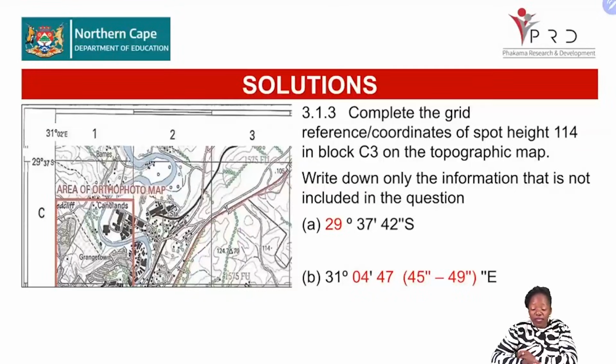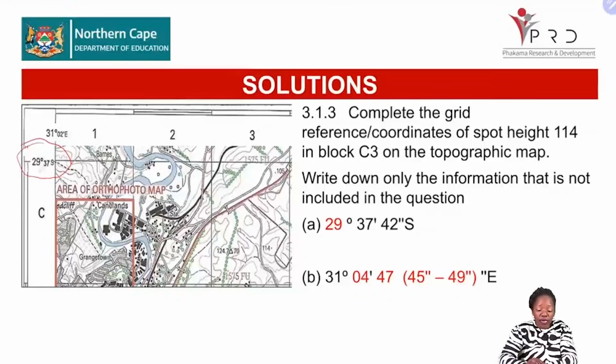Looking at our solution, remember you were writing only the ones that are missing. At A, you were supposed to write the degree, which is 29 degrees. Where do we get the 29 degrees? The maps come with the degrees. The degrees do not change, irrespective of which feature is in which block.